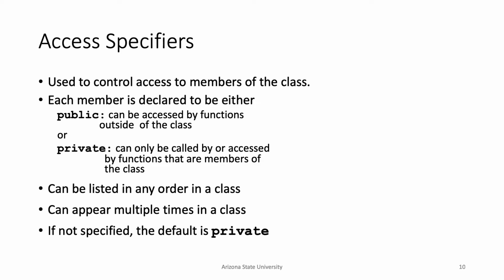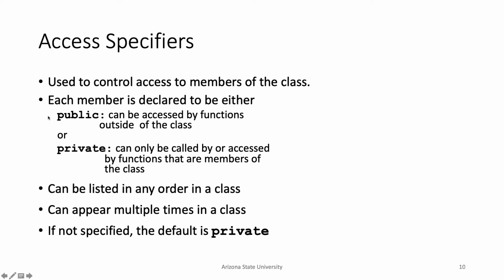You can put all the functions at the top and the variables at the bottom, or the other way around. Doesn't matter. But if it's private, the thing that's private can only be accessed inside the class, but everywhere in the class.